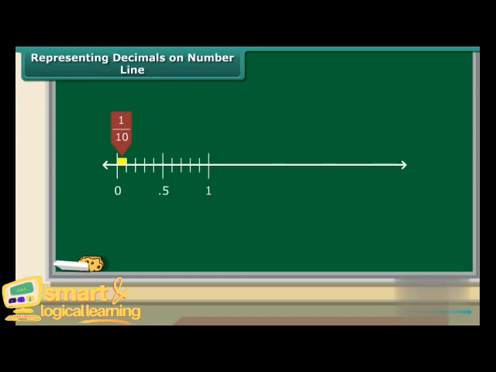We know that 0.6 is more than 0 and less than 1, and there are 6 1/10ths in it. So count 6 parts from 0 and mark it. Similarly, we can represent 2.7 by counting 2 ones and 7 1/10ths.